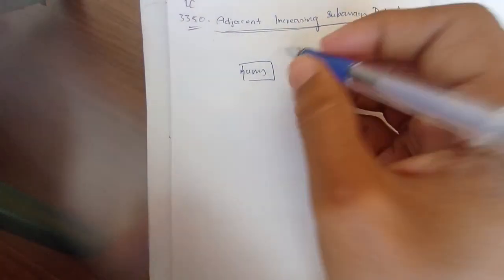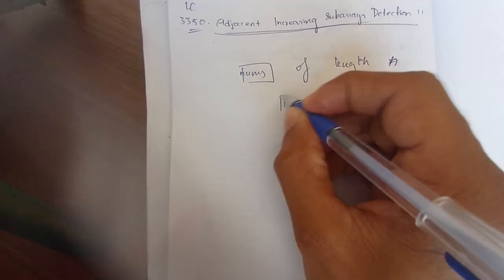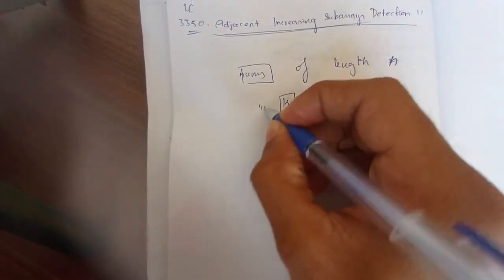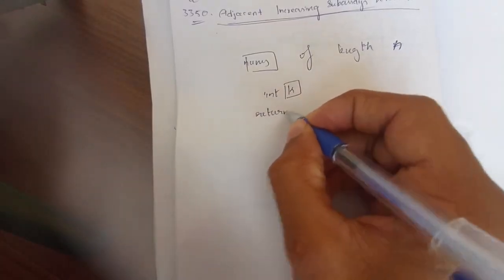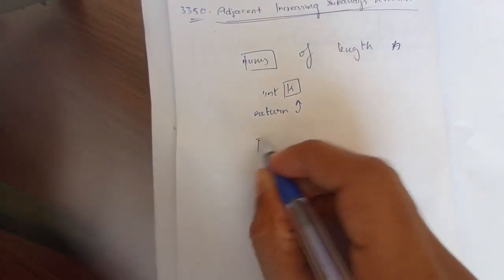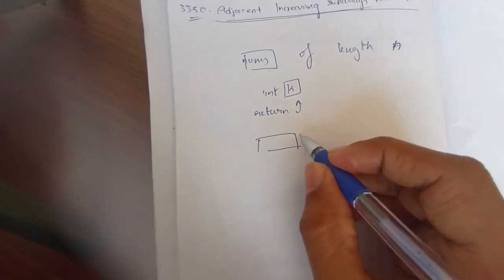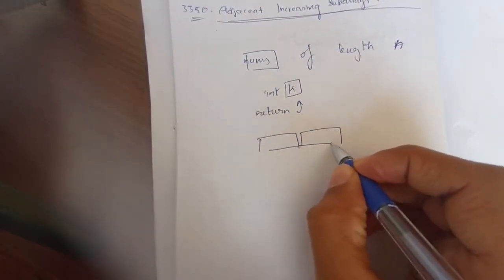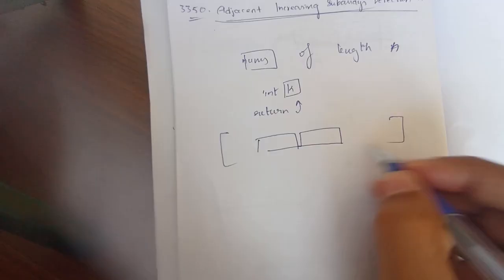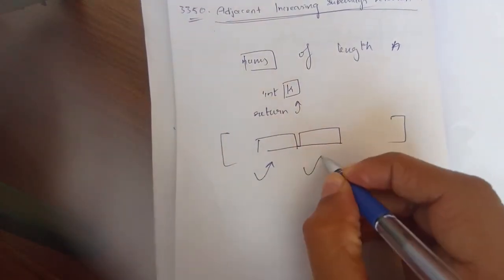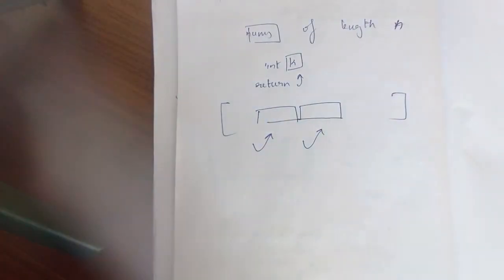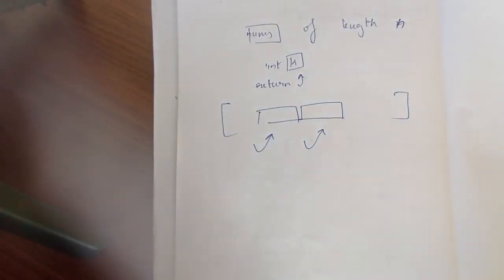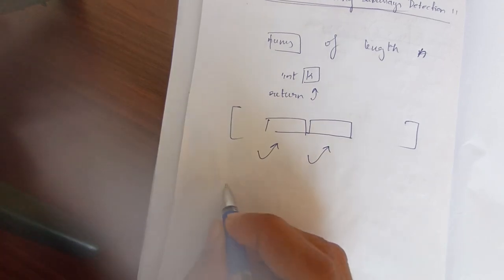We need to find the integer k, so that two adjacent subarrays of size k are present in the array and they are strictly increasing. So let us take an example which is given in LeetCode.